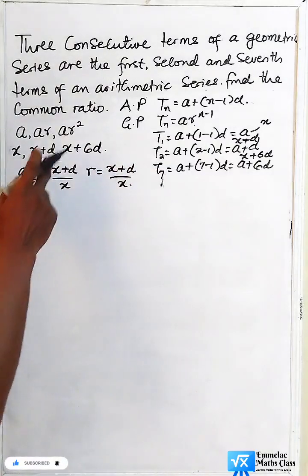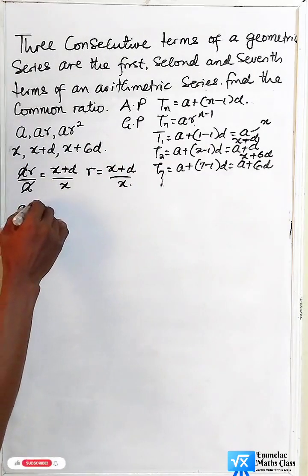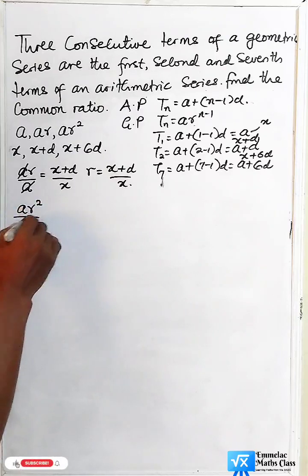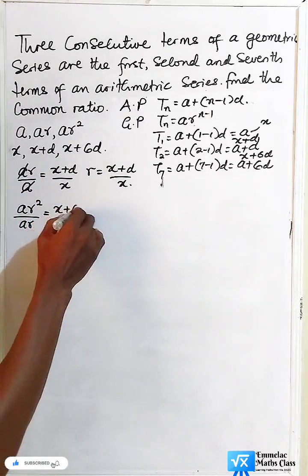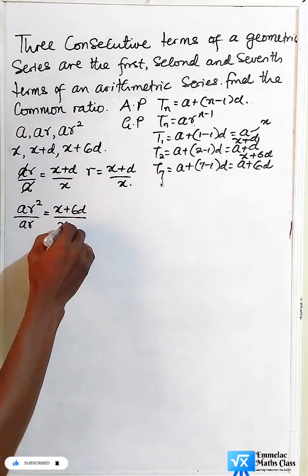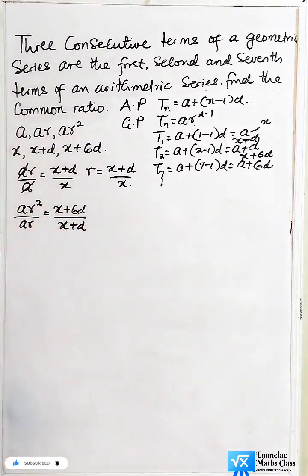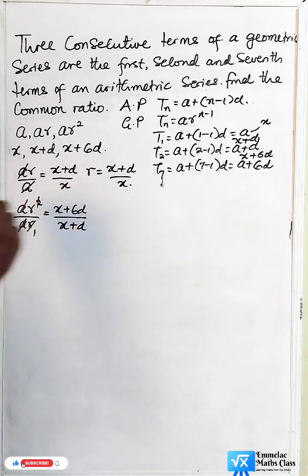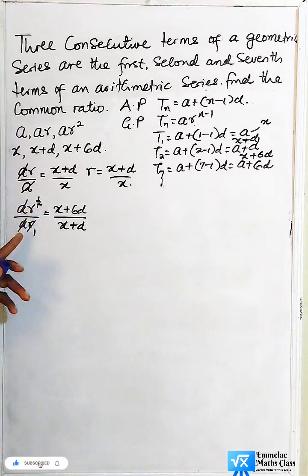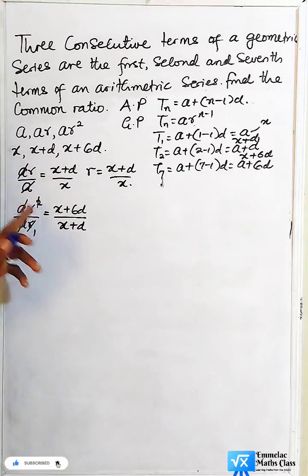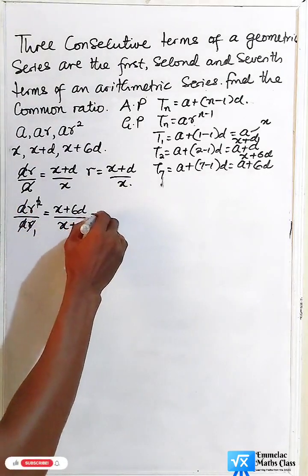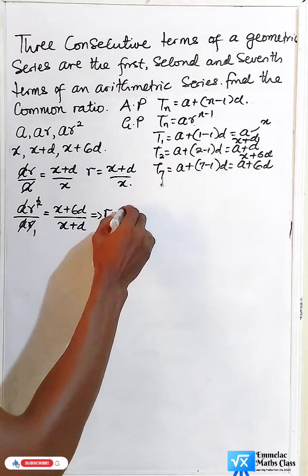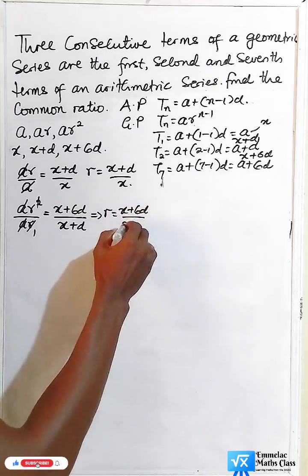Now let us take the next one, ar squared all over ar equals x plus 6d all over x plus d. So we eliminate a, and one r from r times r, which leaves r.